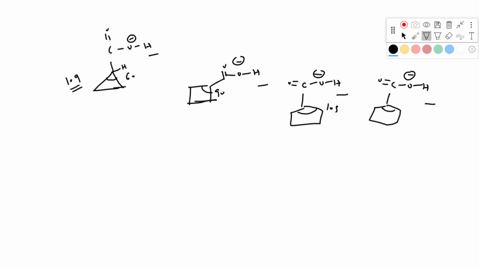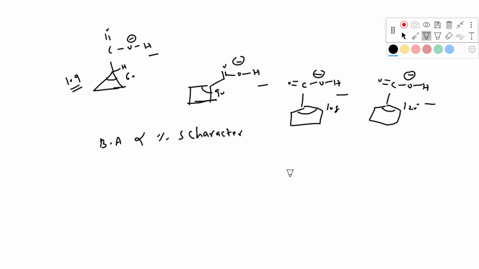Here the 5-membered ring is 108 degrees, here 120 degrees. So compared to the other rings, the internal bond angle is less here. Whenever the bond angle is less, it is directly proportional to the percentage of s character, so the percentage of s character is less.